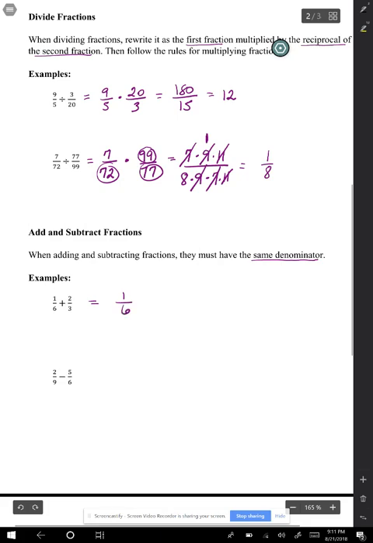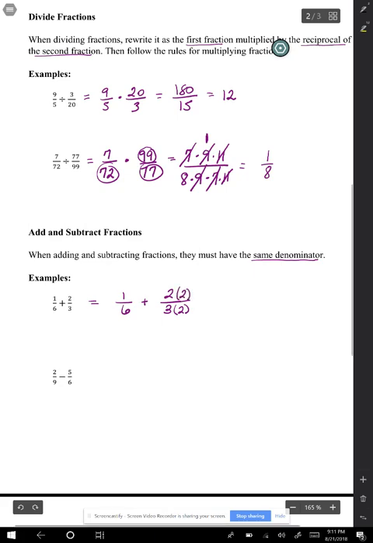So the 1 over 6 can stay, but I have to turn the 3 into a 6. And in order to do that, I multiply by 2. But the rule with fractions is, in order to balance it and keep it the same value, whatever you do to the denominator, we have to do the same to the numerator. So if I'm going to multiply 3 by 2 to get 6, I'm going to have to multiply 2 by 2 as well.